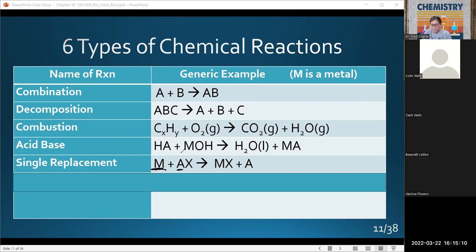We're talking about an ionic compound here, AX, so it's also a metal, but it is in ionic form because it is combined with X. X could be some anion. What happens is the metal in elemental form displaces or replaces the metal in ionic form. So now your new product is MX, and you have generated the A back to element.